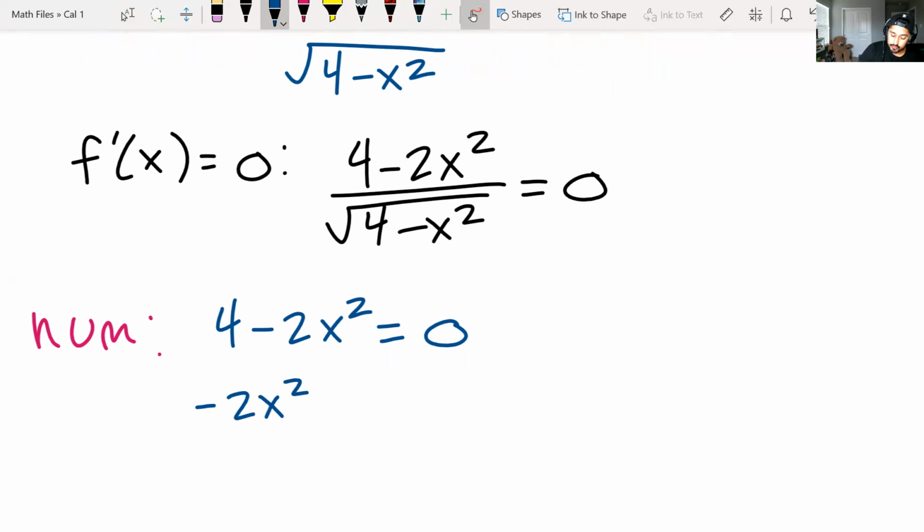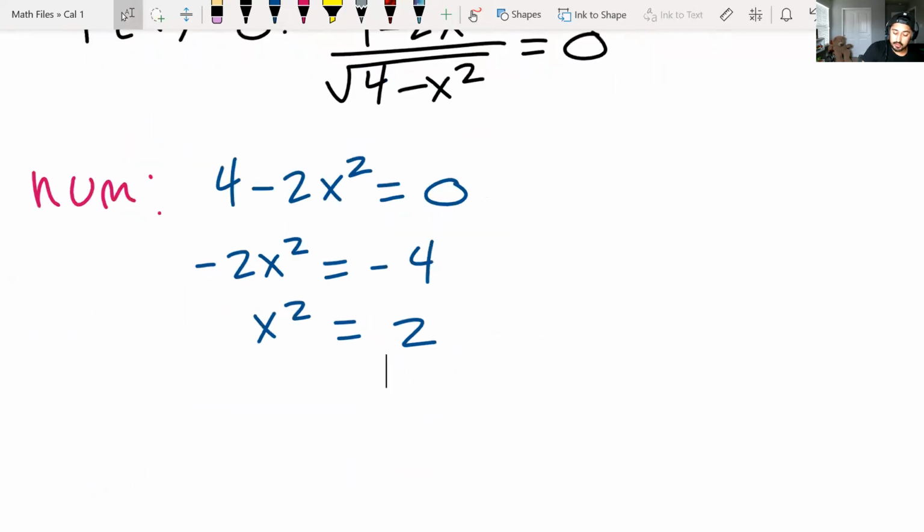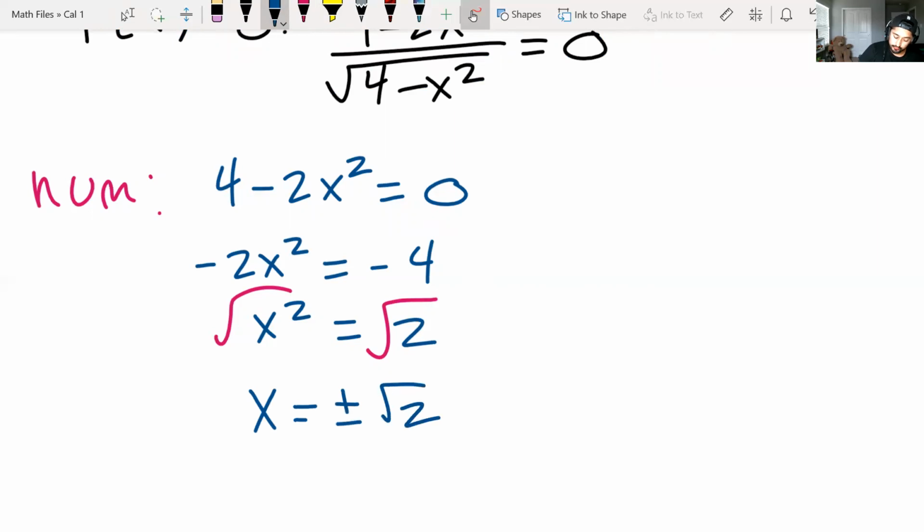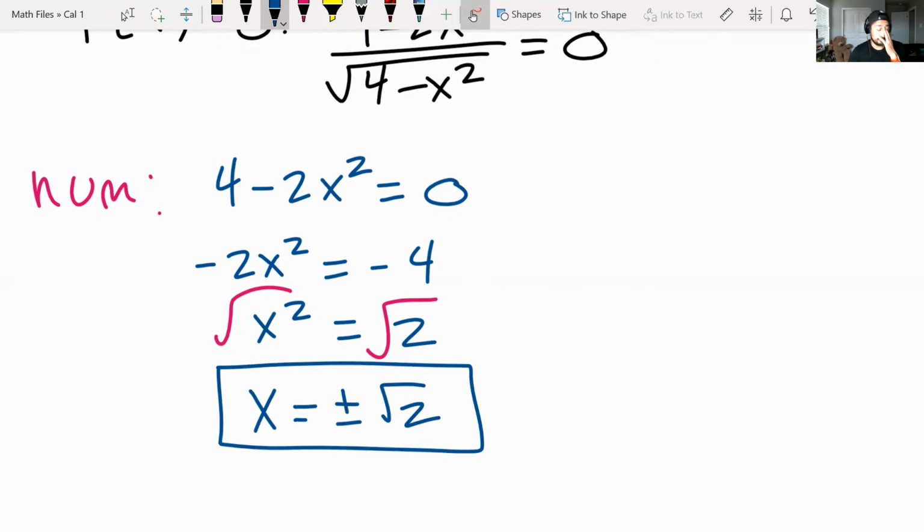Negative 2x squared equals negative 4. Divide by negative 2. X squared equals 2. And then square root. And x equals plus or minus square root 2. There's the first set of criticals.